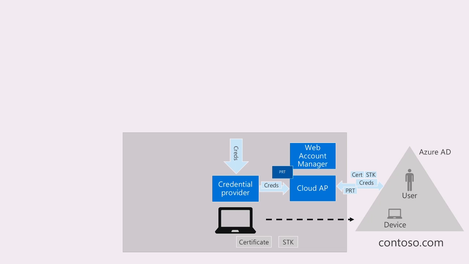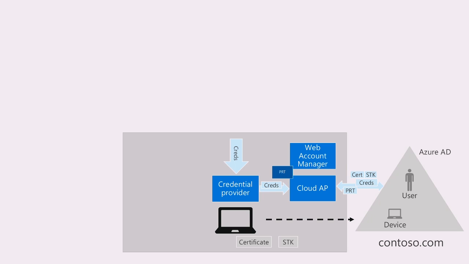that token is cached in the LSA of the device, in the secure zone of the device, in the local security authority. And only the Cloud AP and one new component called the Web Account Manager can access it. It is part of the new authentication architecture in Windows, and it is the one that is going to provide single sign-on to applications that use that specific API.